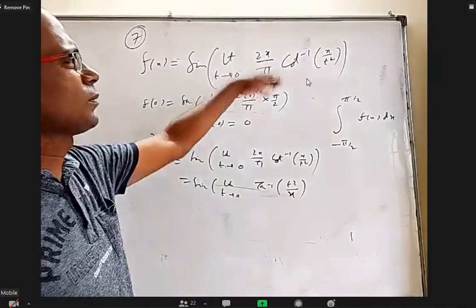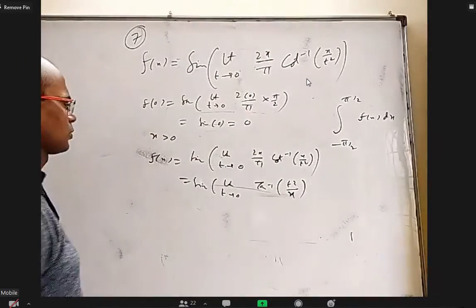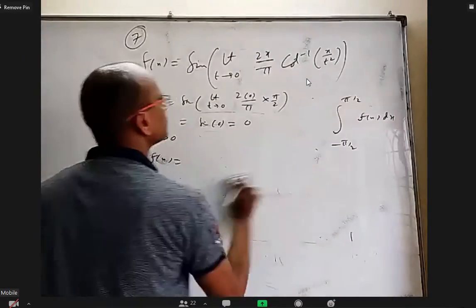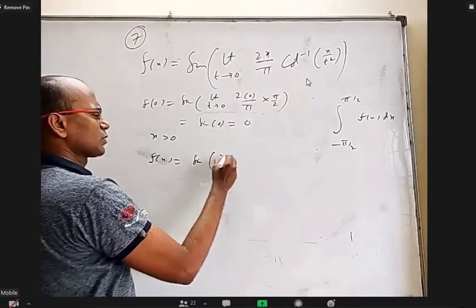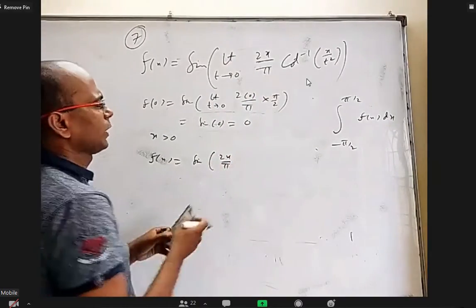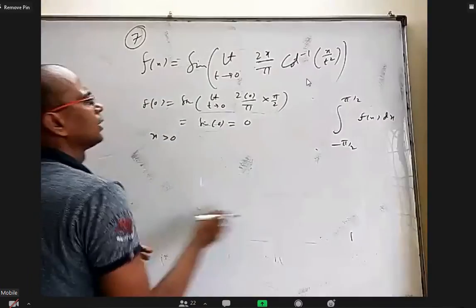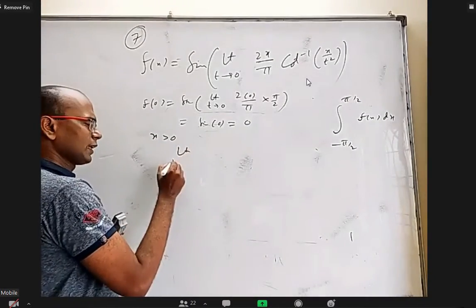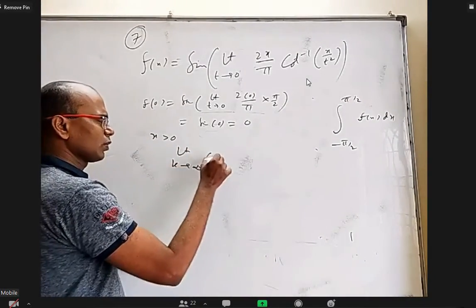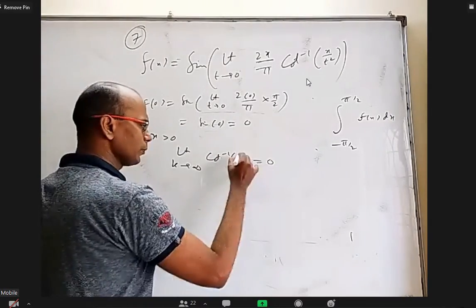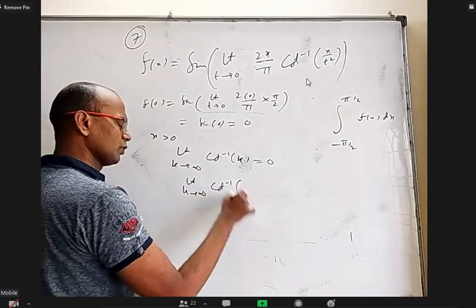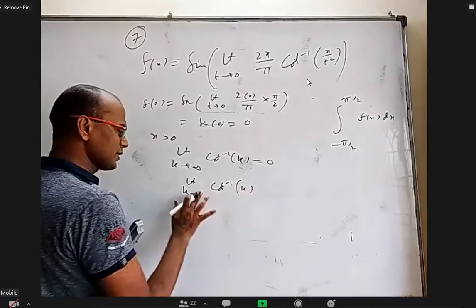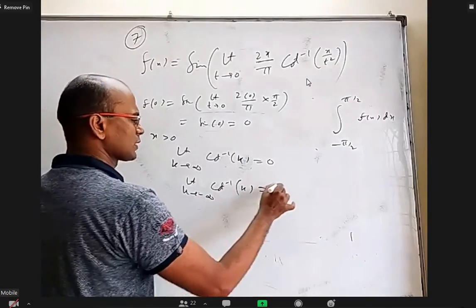But here nothing is becoming 0, so only that. I don't have to write so much. Sine of 2x by pi will come outside the limit, so that is very easy. So the main point is: limit k tends to infinity, cot inverse k will be 0. And limit k tends to minus infinity, cot inverse k will be pi.